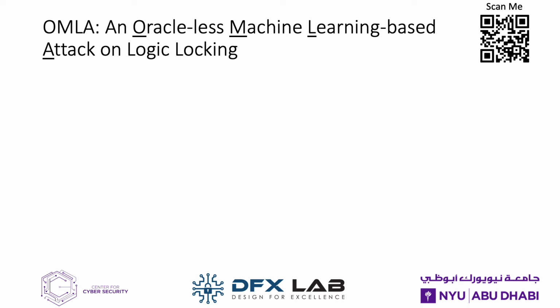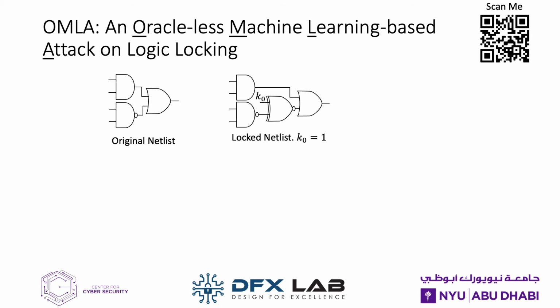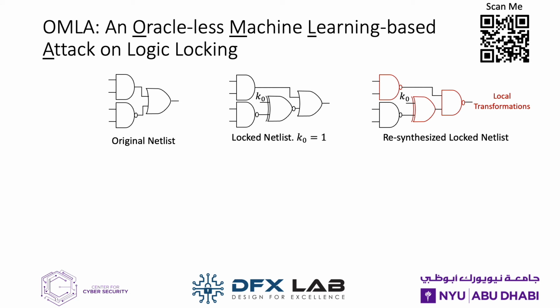OMLA is another GNN-based platform that we have developed to study the security of logic locking. And using OMLA, we are able to identify vulnerabilities in the traditional implementation of logic locking. So in the traditional implementation of logic locking, there is leakage in the circuit itself that tells us about the secret key that controls this circuitry.